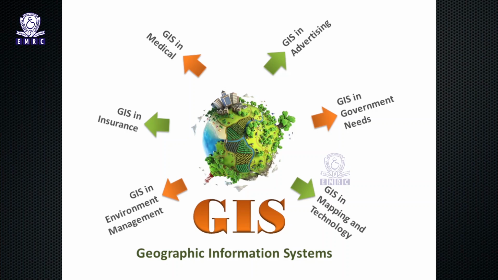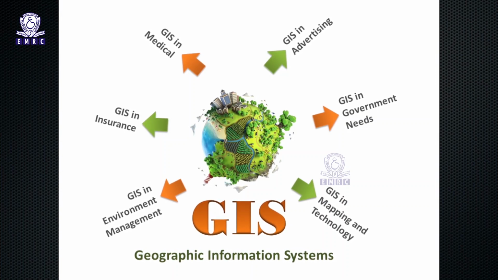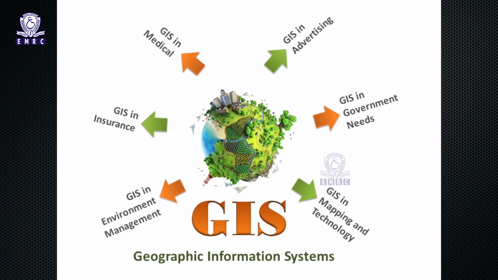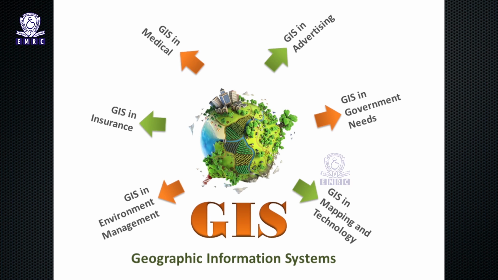GIS workflow. The five essential elements that define a GIS are data acquisition, data pre-processing, data management, data manipulation and analysis, and product generation output. The above elements are in a continuous flow process in a GIS. Data acquisition is the process of identifying and collecting the data required for a given application.